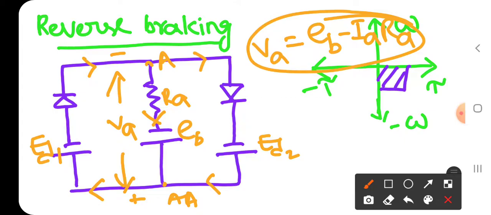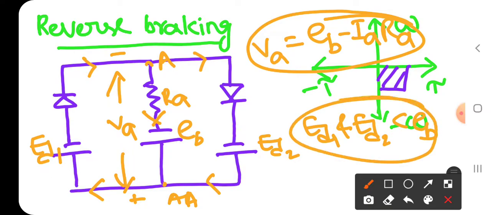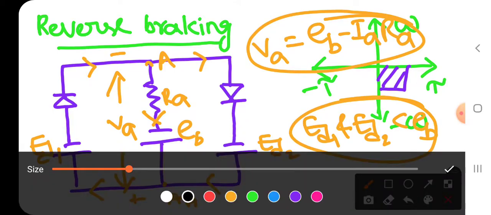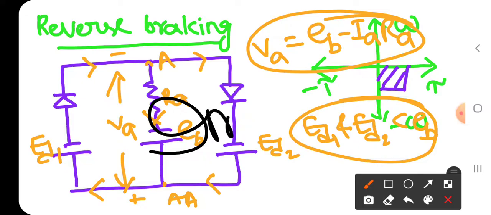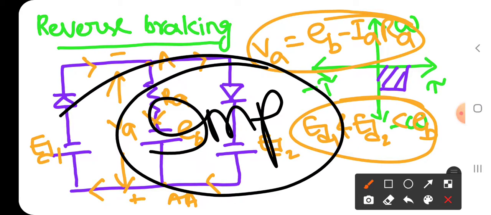Here ED1 and ED2 are less than EB, then only it is possible. This is about four-quadrant operation of the DC motor by using dual converter. It is a very simple, easy topic, and moreover it is a very important topic.